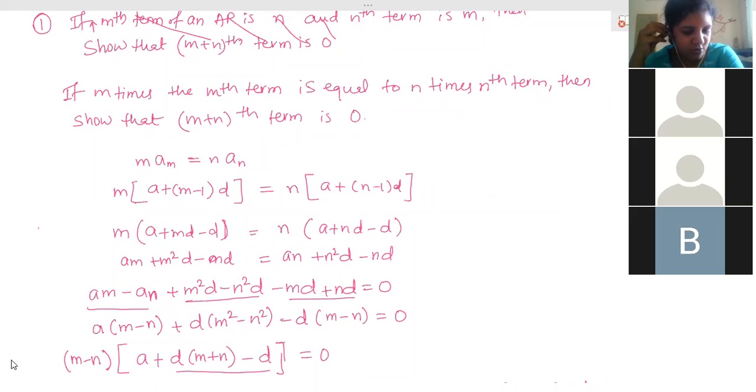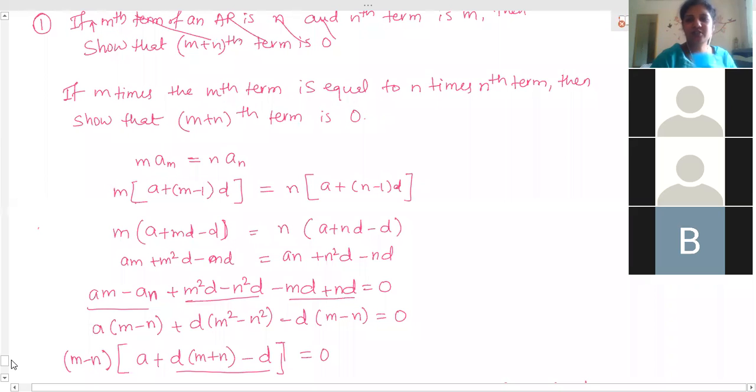So remember, it was told 10 times the 10th term is equal to 15 times the 15th term. Then find out the 25th term. Have you solved that question? Do you remember that question?